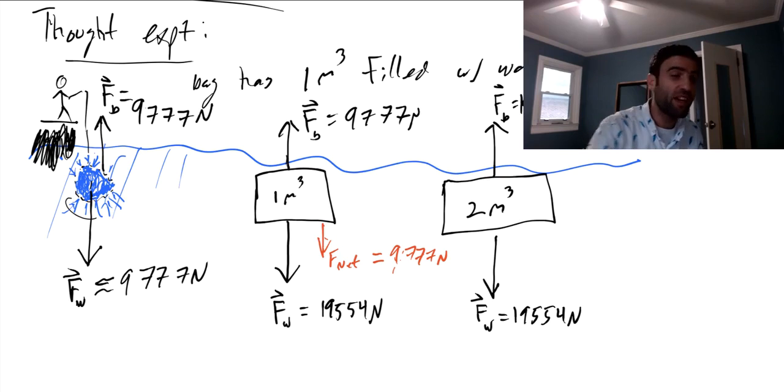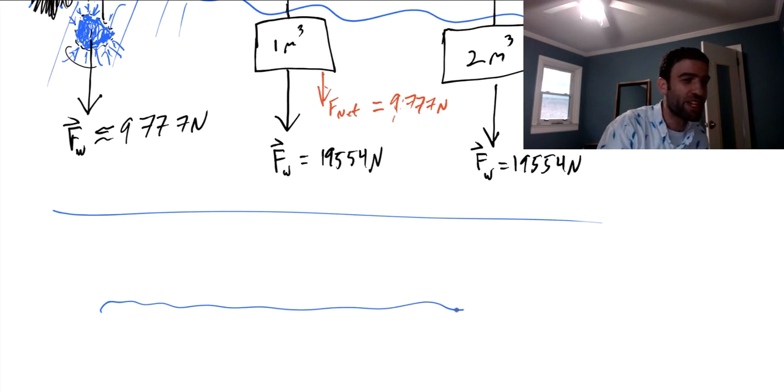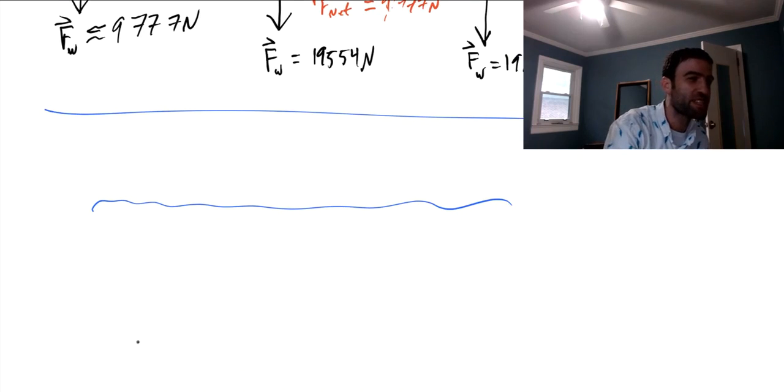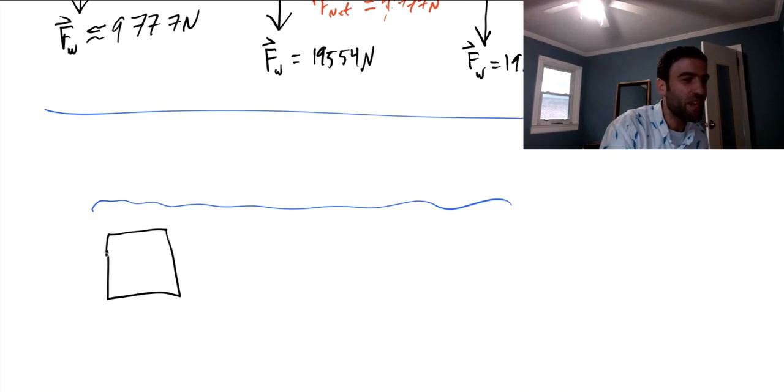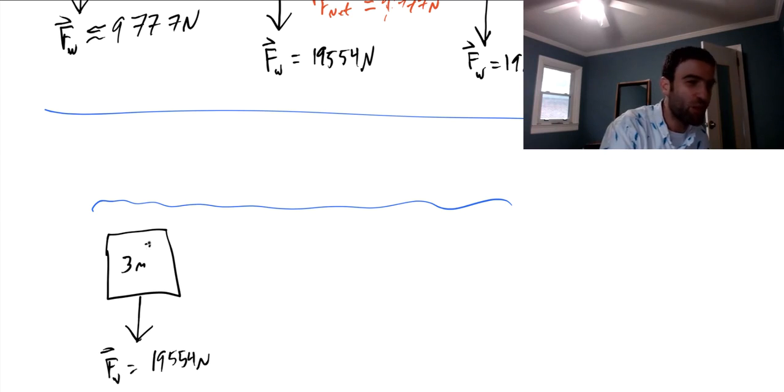Okay. As a third example, and now I'm not going to redraw the whole thing. I'm just going to do something like this. Suppose we had an object with the same mass, so I'm filling it with yet another substance, so that the weight is 19,554 newtons. But now I say that there's 3 cubic meters of space. Okay.